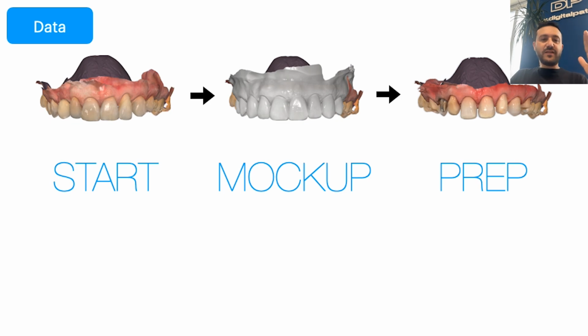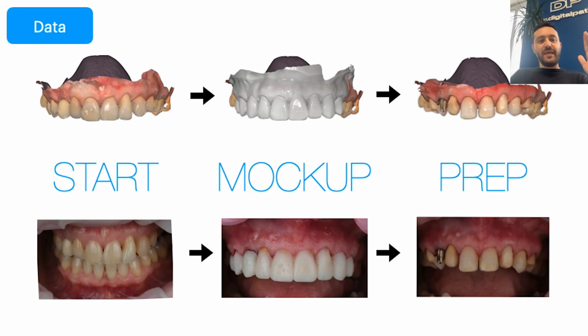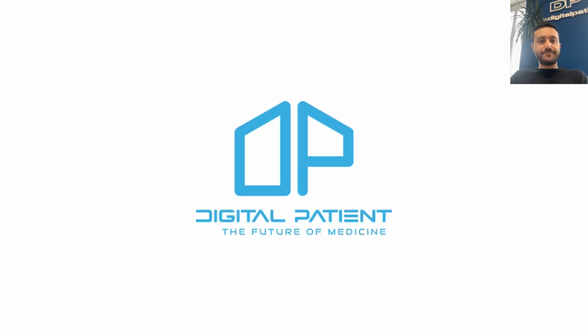It could be real, it could be virtual, but it's the mockup. It's to study the new aesthetics and function of the teeth of the patient, and we add some pictures to evaluate small details and colors that we can evaluate in the mouth of the patient. So we have the start, the mockup, and the prep.